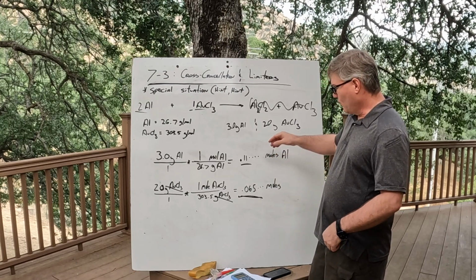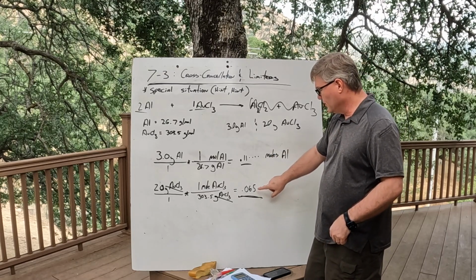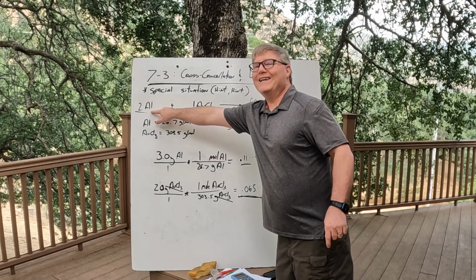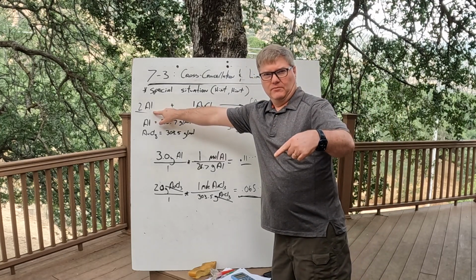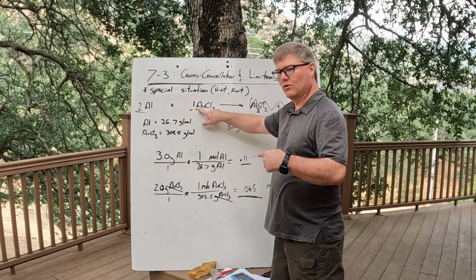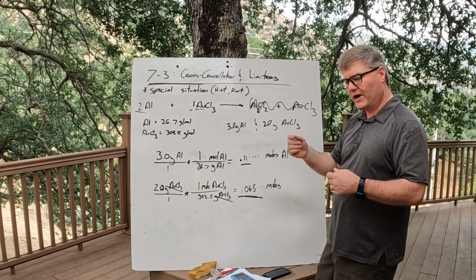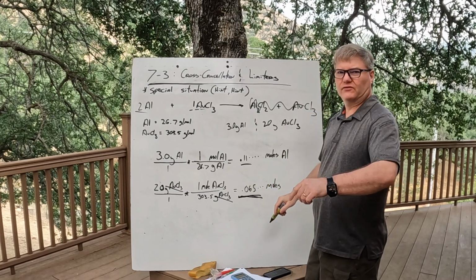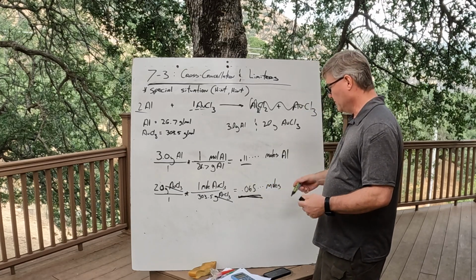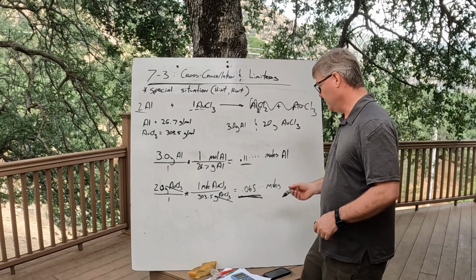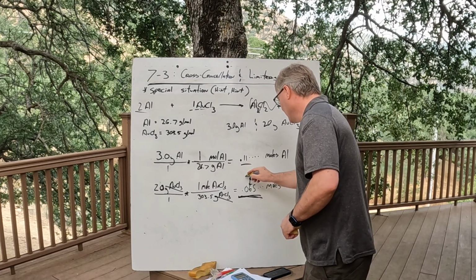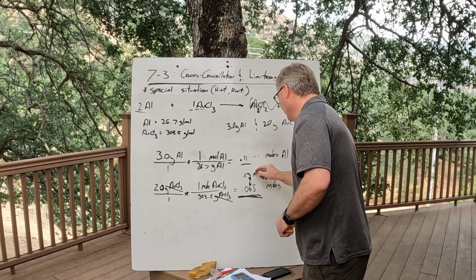Now, in order for this reaction to work properly, you need twice as many moles of aluminum as you need of the gold chloride. So for this to work correctly, we would need twice 0.065. So let's see, that's 0.13. So this reacts with 0.13 moles of aluminum.